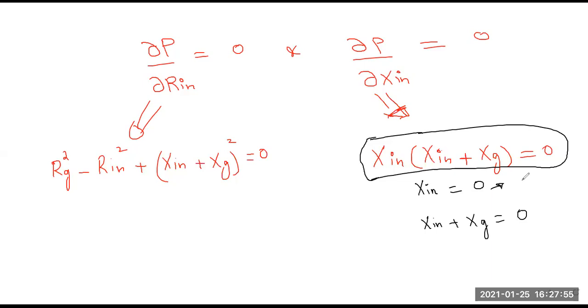If Xn is equal to 0, this is actually the load matched case. So it means this case is not going to give us something different. The case which is going to make a difference is this condition, Xn equal to minus Xg.